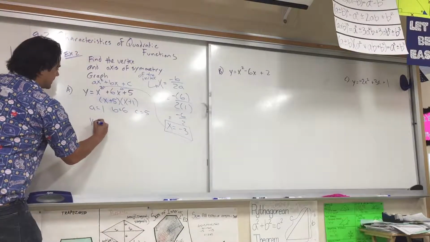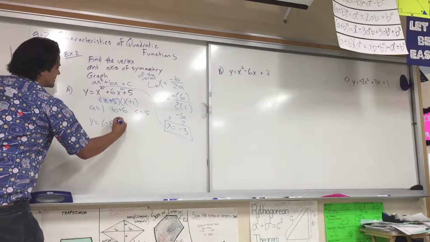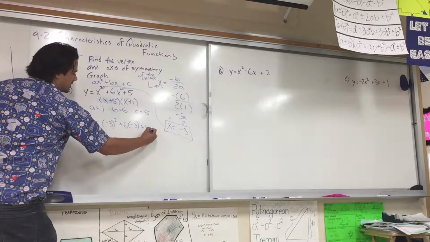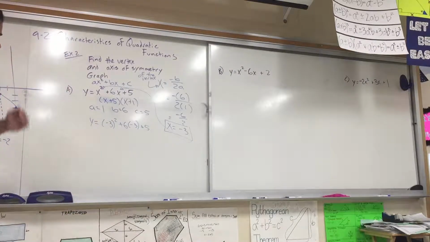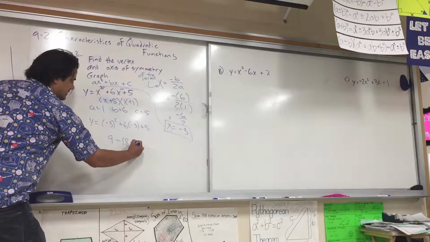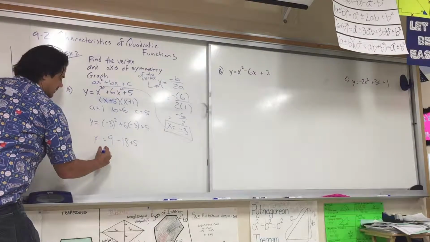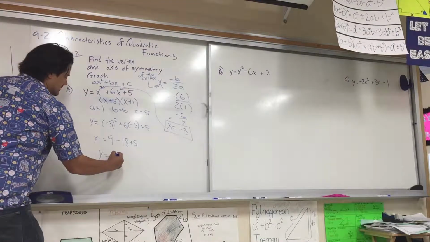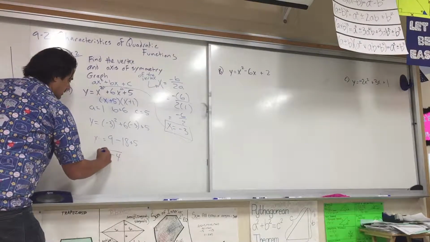So we're going to say y equals negative 3 squared plus 6 times negative 3 plus 5. That gives us 9 minus 18 plus 5. It's going to be negative 9 plus 5, so it's negative 4.